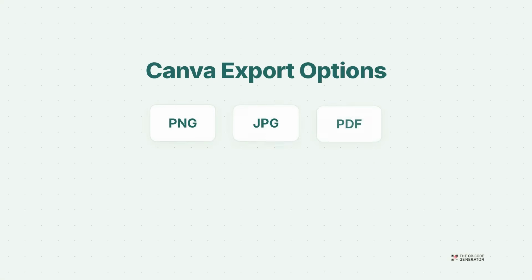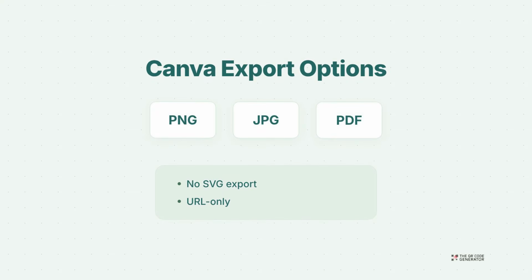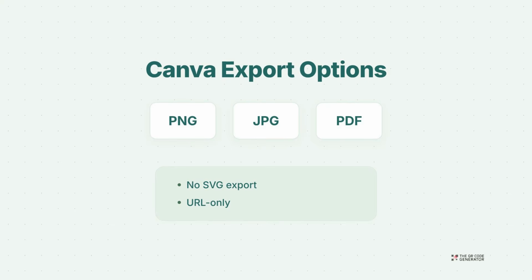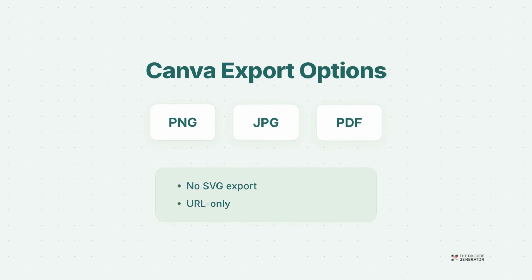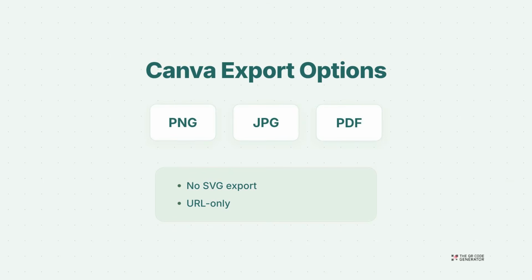Downloads on the free plan come in PNG, JPG, and PDF. SVG export isn't available at this tier. It's also URL only, no Wi-Fi, vCard, or other code types. The trade-off of a Canva QR code is if the destination ever changes, you have to generate a brand new code and manually swap it into every file it appears in.